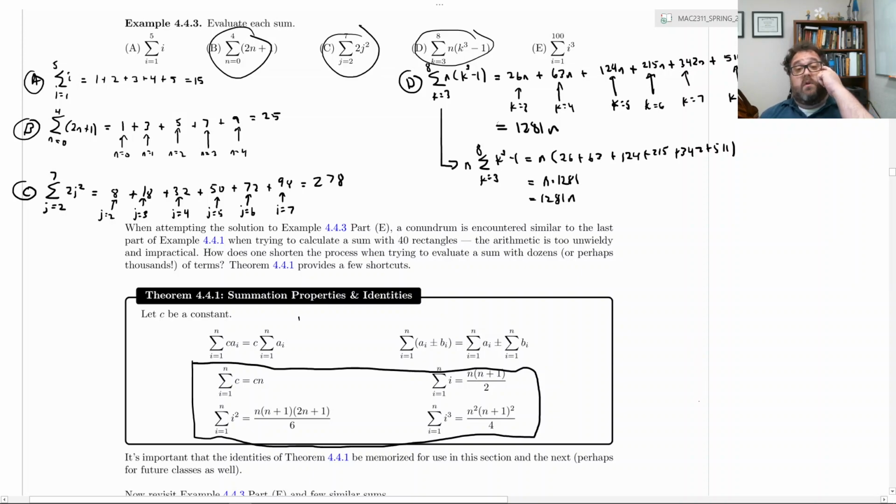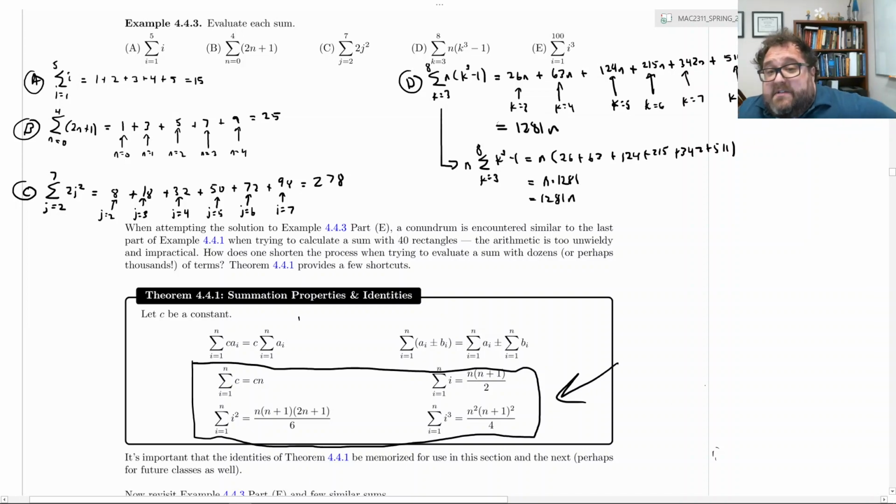I suppose you could rewrite this theorem and have them indexed at 0 or 2 or 3, but that's more trouble than it's worth. So to use these four, they're called summation identities, you have to have a summation that's indexed starting at 1. Kind of like example E above is. It starts at 1 and ends at 100. That fits the bill completely. So again, these are called summation identities.